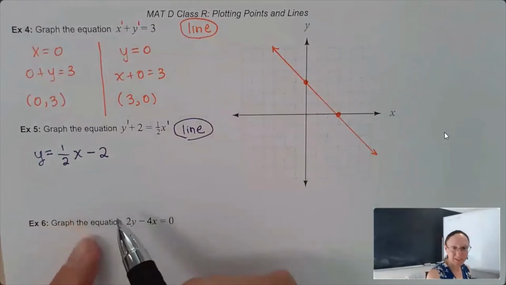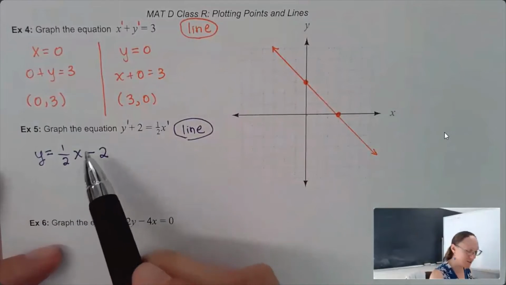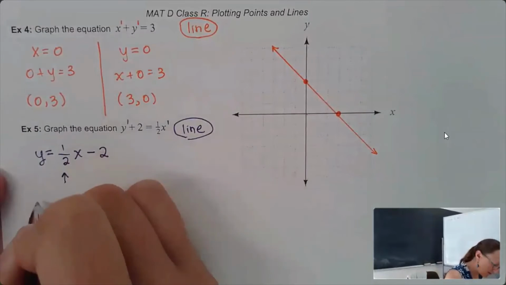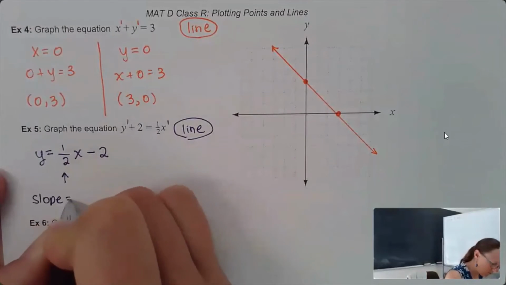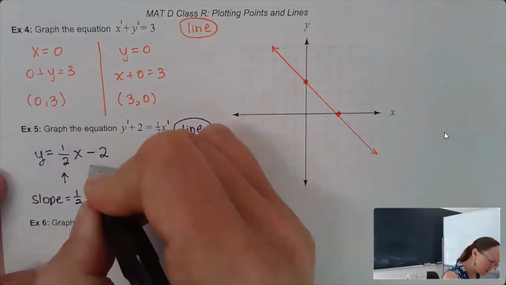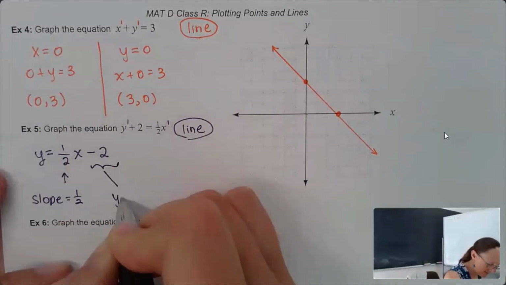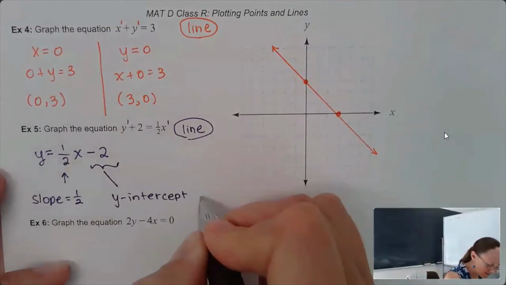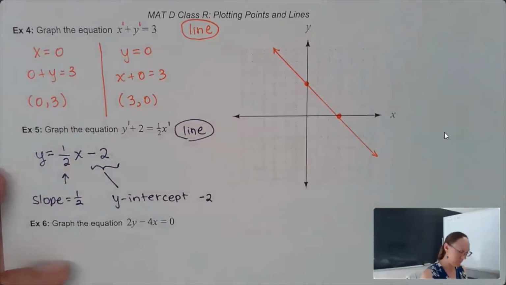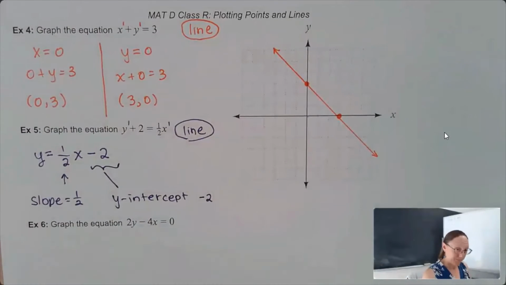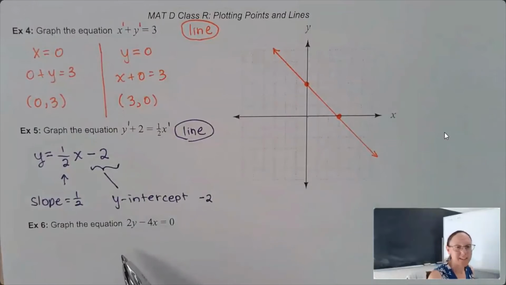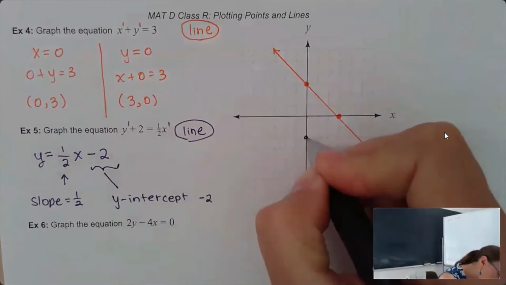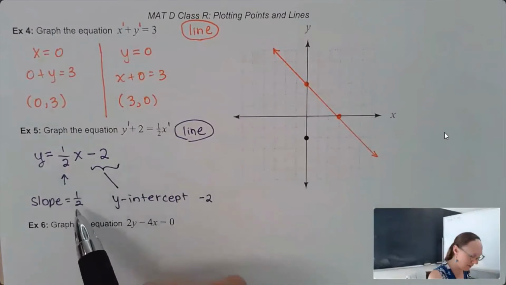From this version of the line, this is our slope-intercept form, which means I can read off that the slope is equal to 1/2 and that the y-intercept is -2. One option for graphing this is then to start at the y-intercept of -2 and to use the slope to tell me how to move.